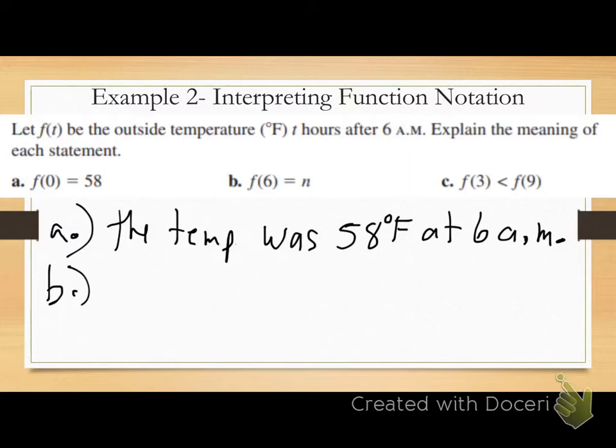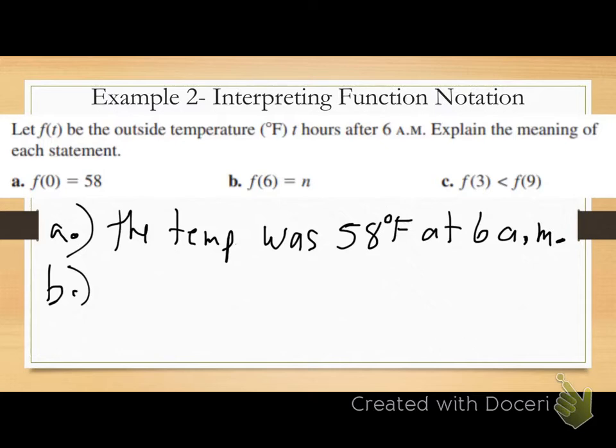6 hours after 6 a.m.? So t represents the number of hours after 6 a.m., so we're talking about 6 hours after 6 a.m. So 12 o'clock p.m., right? What does it say? What does it equal?